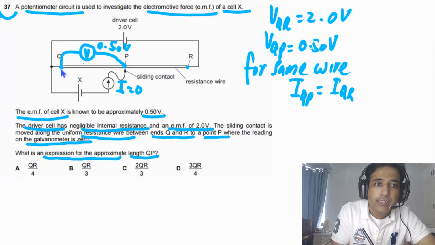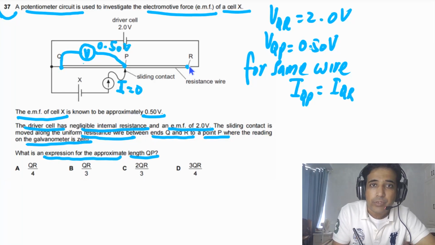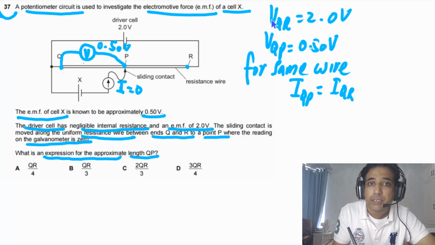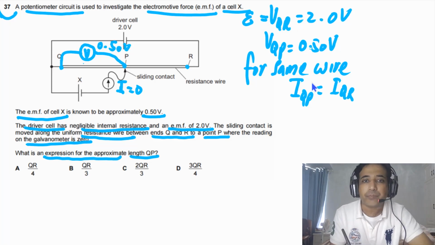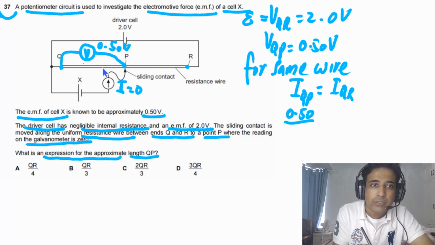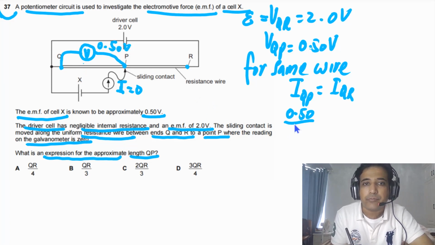Simply, the value of V you need to take has to be the PD across the wire. That's the reason I have written VQR here, and in this case VQR is equal to the EMF. So IQP we can calculate as the potential difference, 0.50, across this part of the wire divided by the resistance.